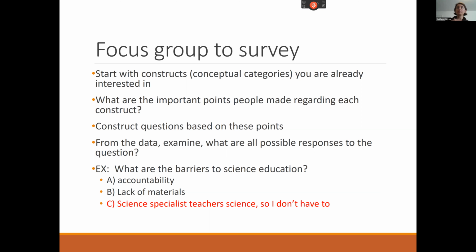Then you construct questions based on those main constructs and the points that people make in the interview. So if it's distributed leadership, and a lot of teachers were talking about how it's frustrating to them when principals don't come to them to ask for advice about students, right?